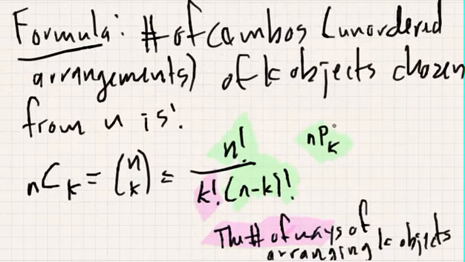So we're taking the total number of permutations and then dividing out by the number of ways that we can arrange k objects. Wow, my handwriting is terrible. I thought it was going to be better with this palette. Oh well. Okay. So let's do some examples of doing this.